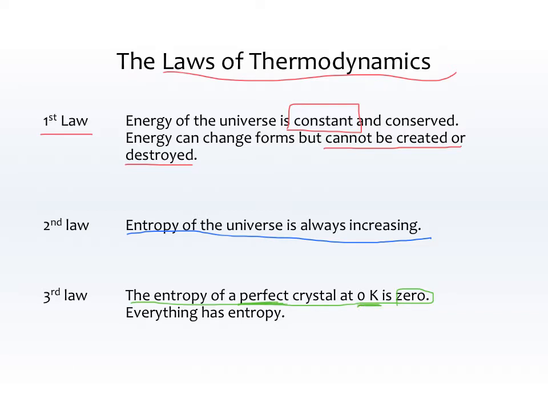So you can rearrange that to say everything has entropy, because virtually nothing is a perfect crystal at absolute 0. We're going to be talking a whole lot more about what energy is and what entropy is, energy for this unit, and entropy in our subsequent videos.